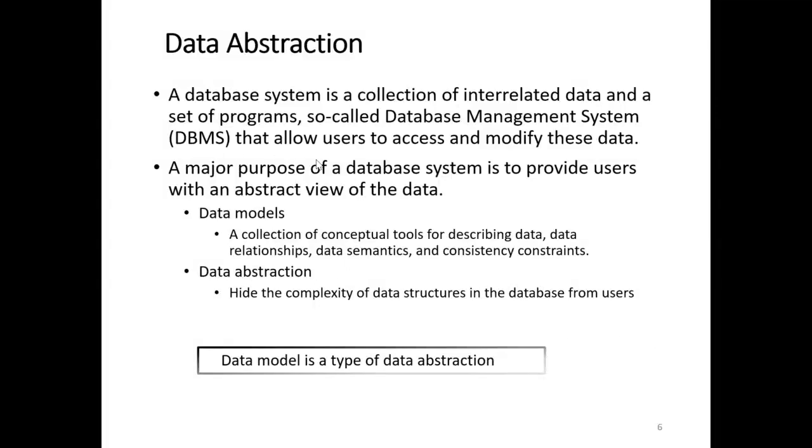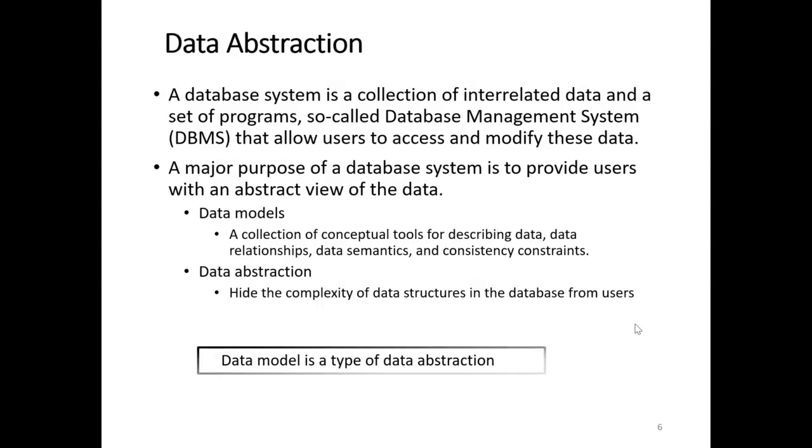A major purpose of a database system is to provide users with an abstract view of the data. That means you want to hide all the implementation details from users. So the user only sees a very abstract view of the database. That's the purpose of data abstraction, okay?